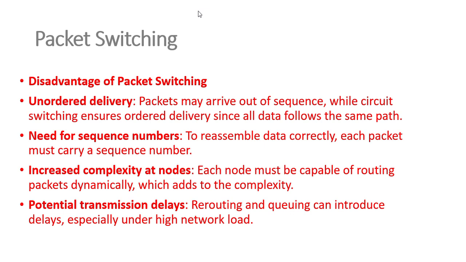So the packets that are dynamically added lead to complexity. Then transmission delay can happen because of huge traffic and congestion in the network. It may reach at a lower rate and may take more time, so transmission delay may occur. So these are the disadvantages of packet switching.